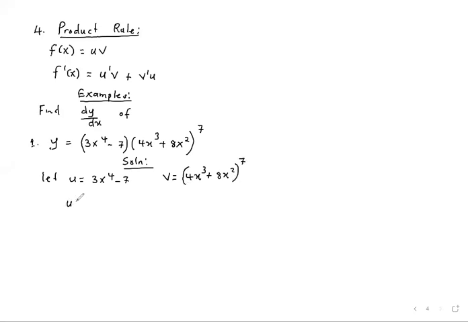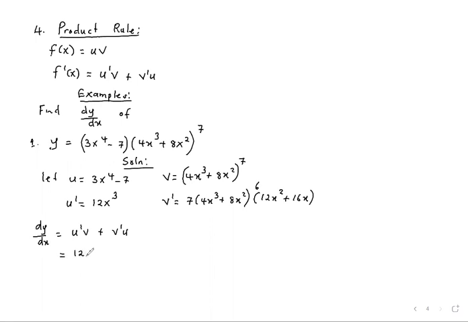Then the derivative of u is 12x^3 minus 0. The derivative of v is 7(4x^3 + 8x^2)^6 multiplied by the derivative of the inside, which is 12x^2 + 16x. So dy/dx becomes u prime v plus v prime u.